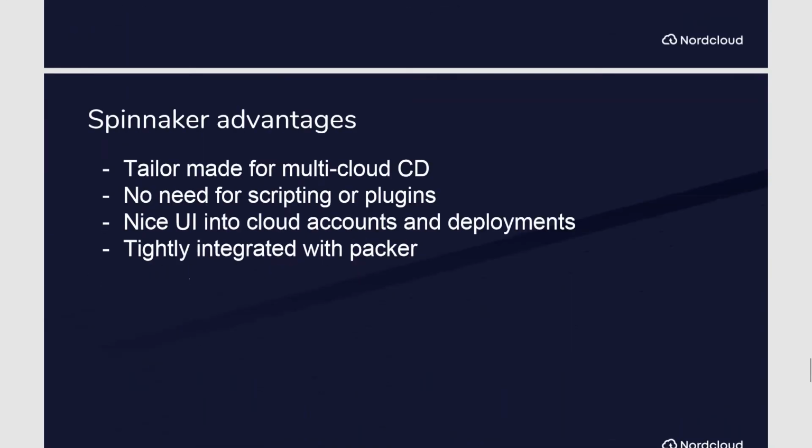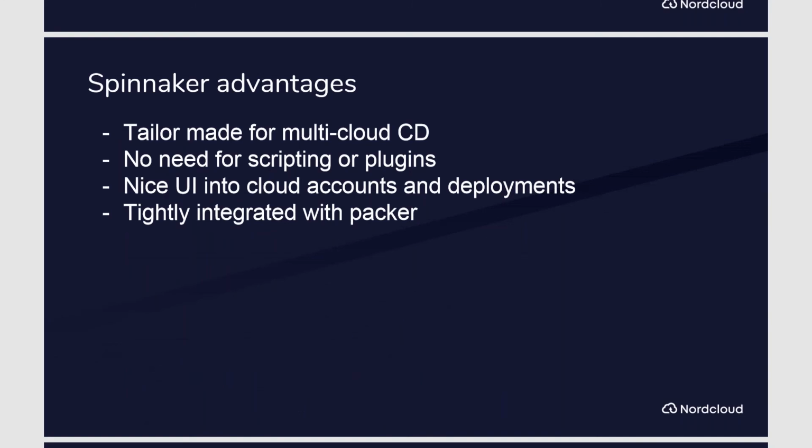A little bit more about the advantages, a topic I already mentioned on a couple of occasions. Spinnaker is tailor-made for multi-cloud CD. Inside one pipeline, you can deploy into Azure, Google Cloud, AWS, and even Kubernetes.